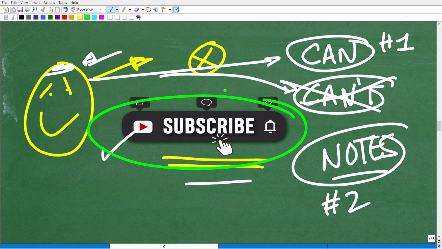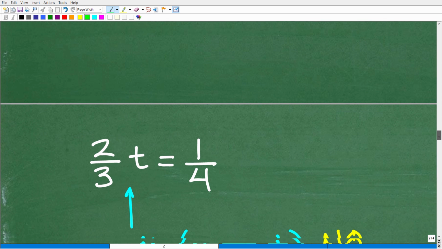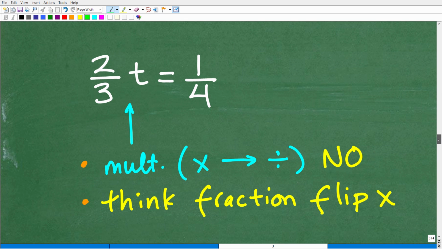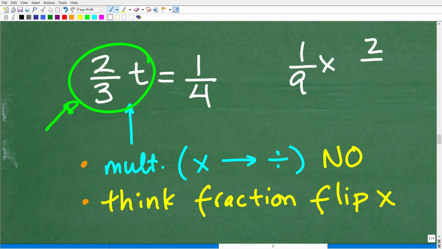Okay, so let's get back to this problem. What we have here now is this equation. Nothing is technically wrong with the way we solved it previously, but I don't want you to think of this situation as multiplication. Indeed, it is: we have 2/3 times t equal to x. But anytime you have a fraction coefficient, this number in front of the variable is called a coefficient, like 1/9 x or 2/5 y, you want to think in these terms.